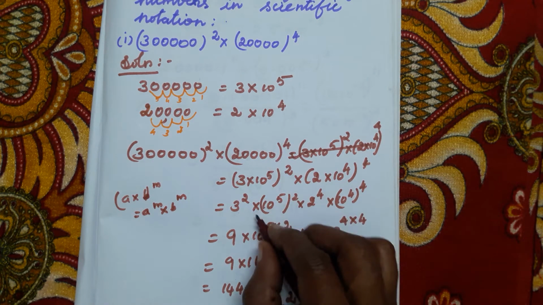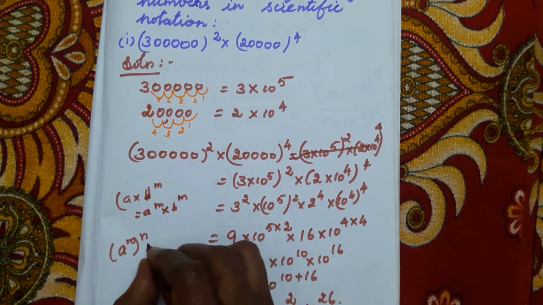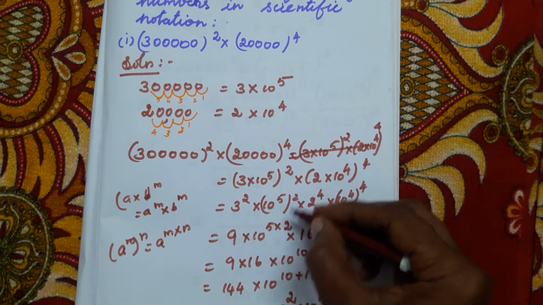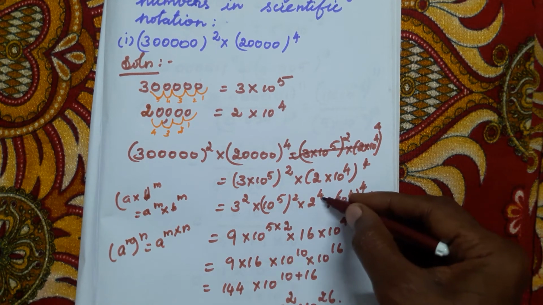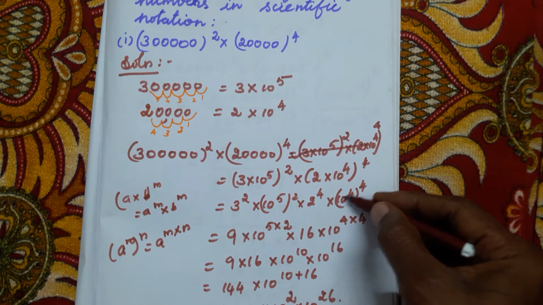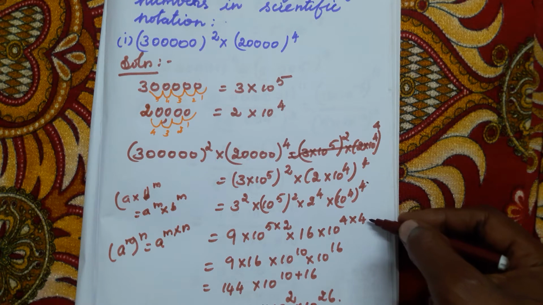Again here we use (a power m) the whole power n is equal to a power m into n. So 10 power 5 into 2. Here also 2 power 4 means 16. Here (10 power 4) the whole power 4 means 10 power 4 into 4.